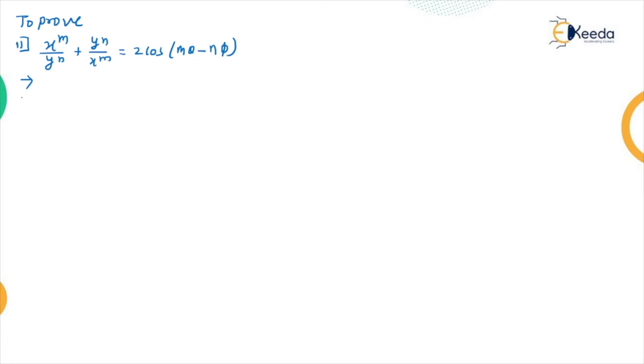I am writing here LHS. So LHS is equal to x^m / y^n + y^n / x^m.